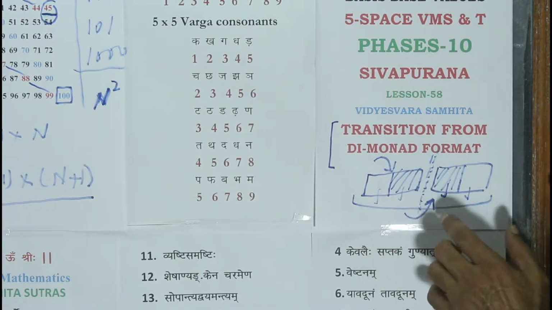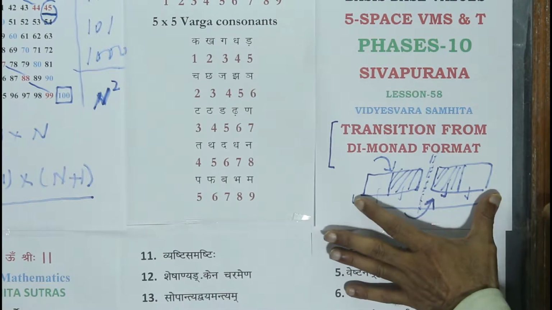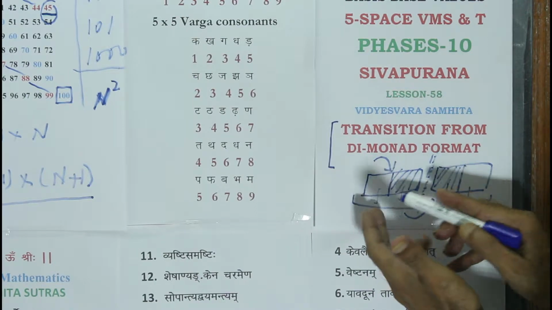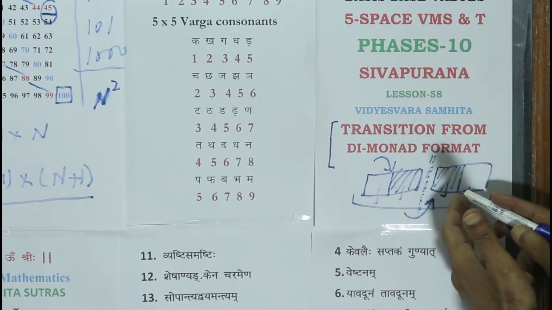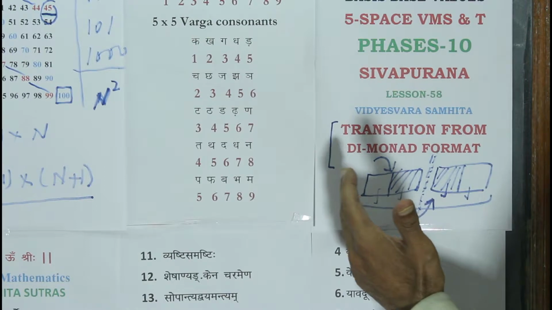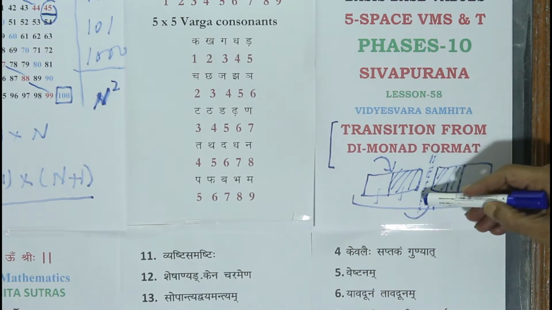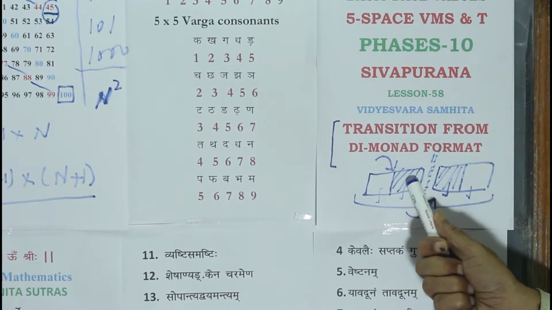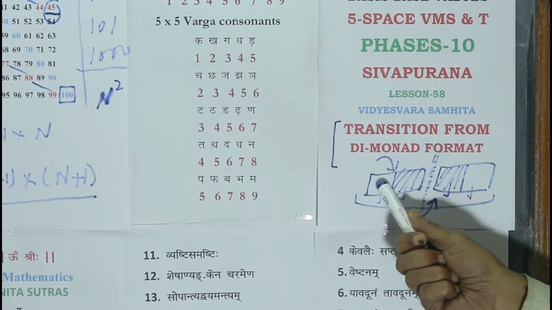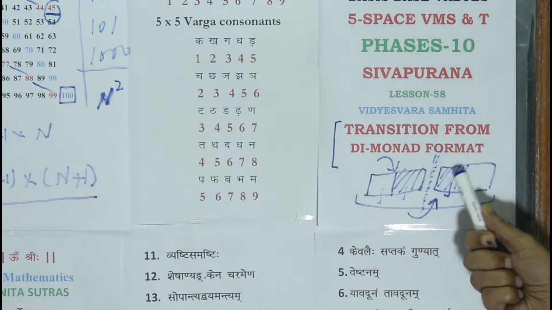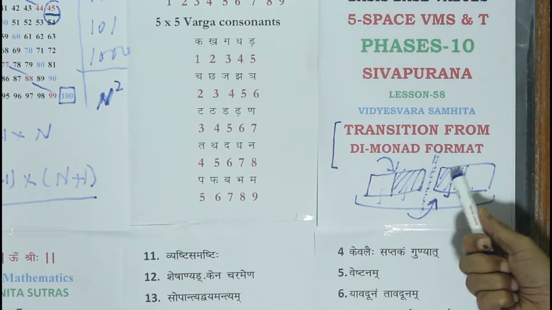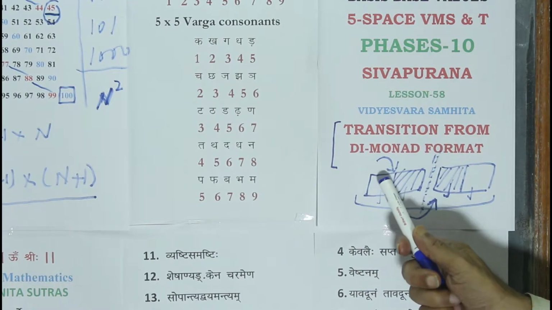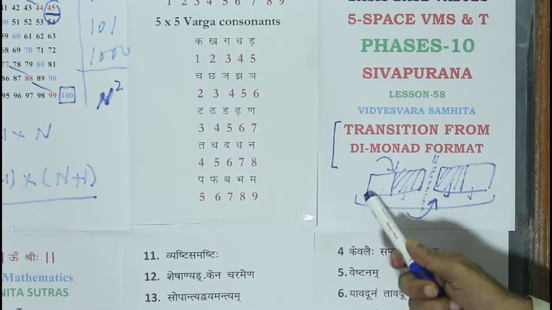It is as if this paired pair of dimonads as object and image, when brought nearer as if the mirror is no more there, then this second monad of the first dimonad and the first monad of the second dimonad as image, when they get synthesized, it will make a setup of this white color monad.